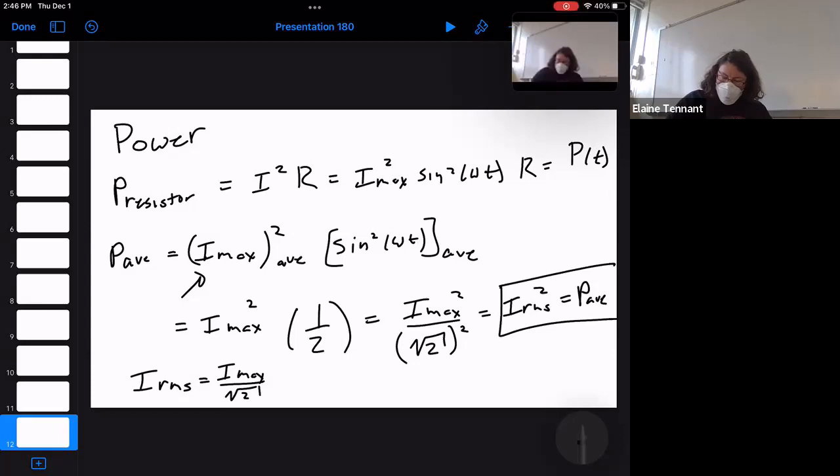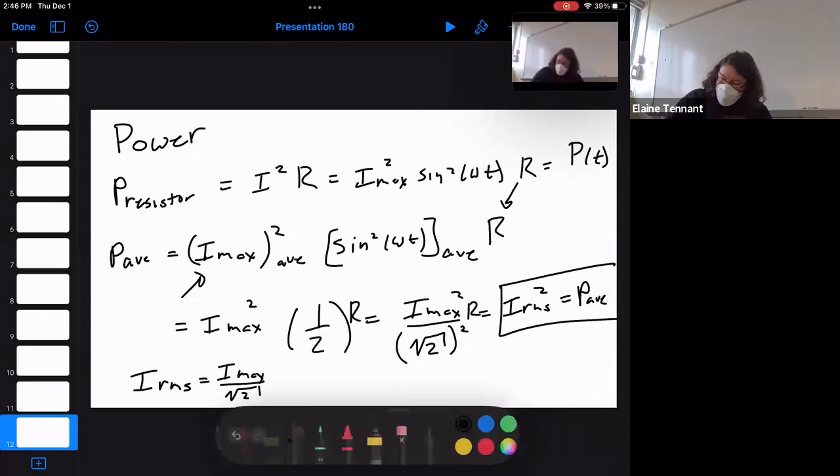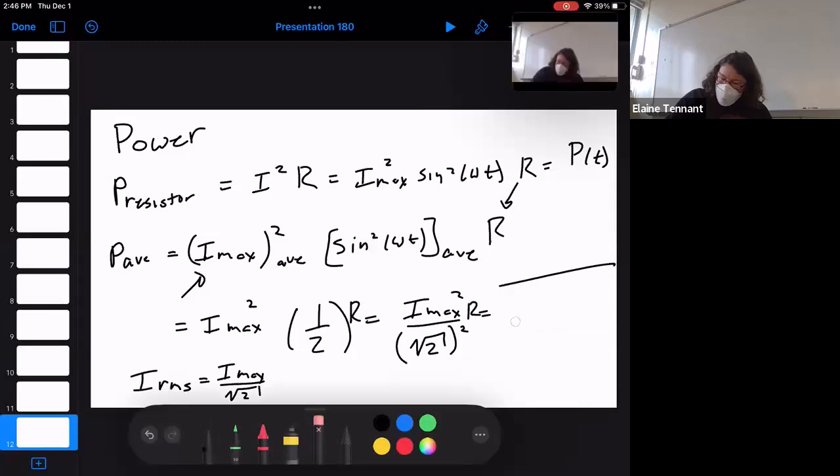And that is the average power in a resistor. Sorry, I lost my resistor. There's an R on that, because power is not the same as current. I RMS squared times my resistance. That's my average power.